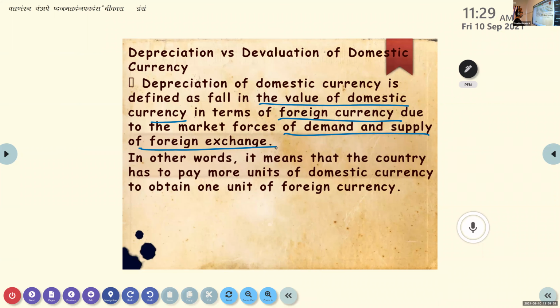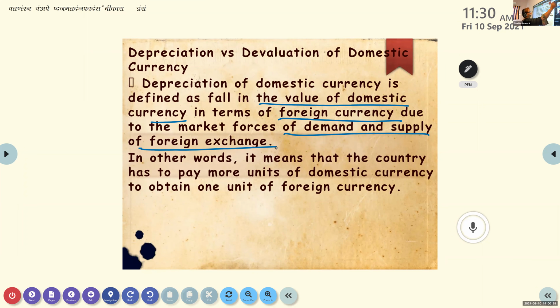According to the demand and supply of foreign exchange, the value of domestic currency is falling. That we call depreciation.